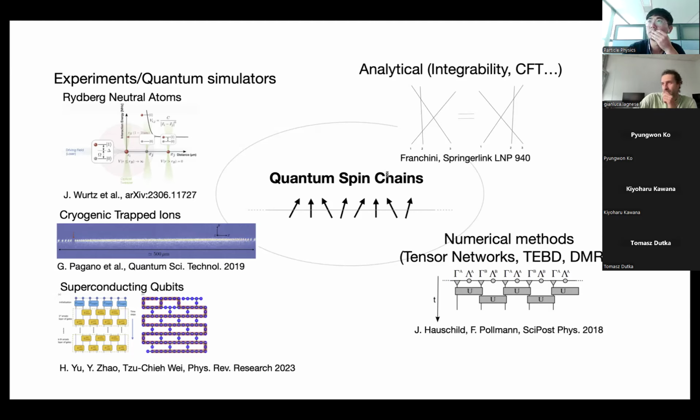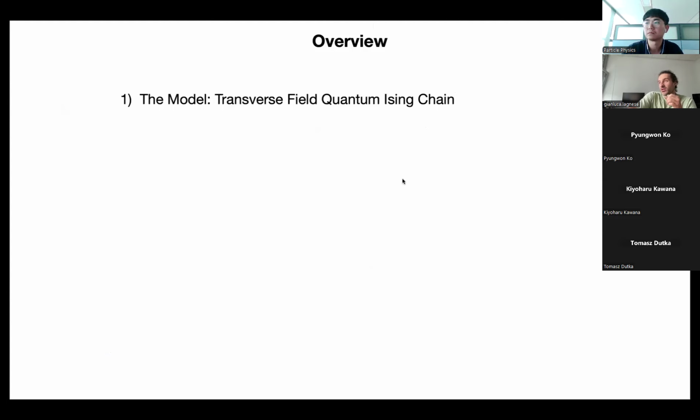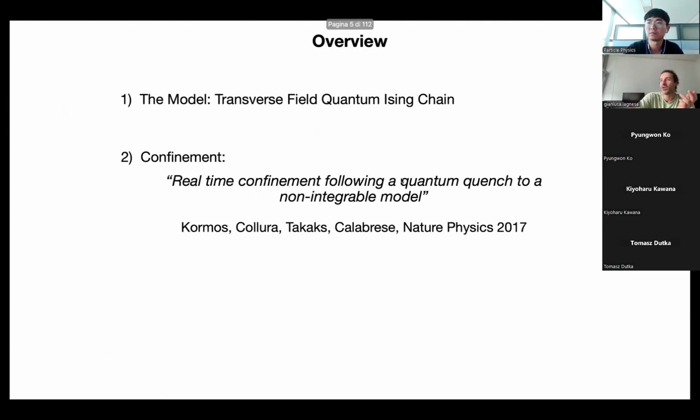So, let me go for an overview. The talk is more or less a first part where I introduce you to the model, and I'll try to be as generic as possible.